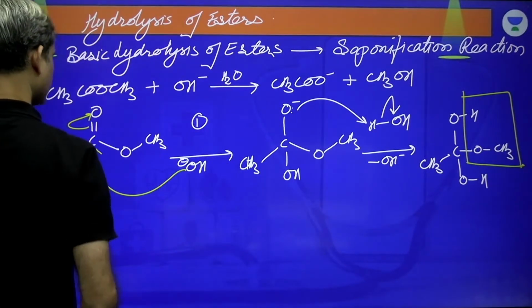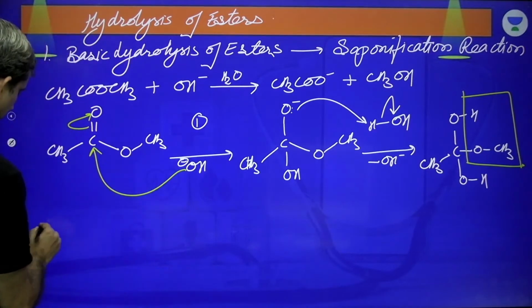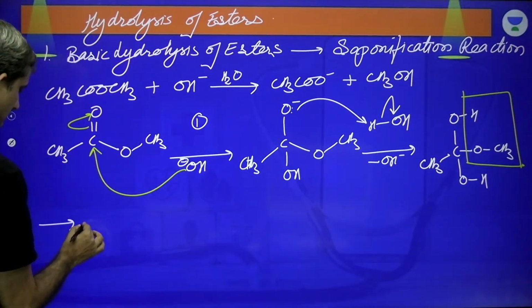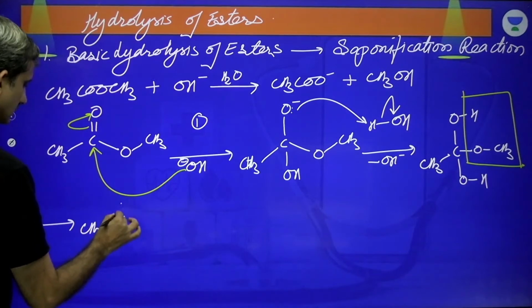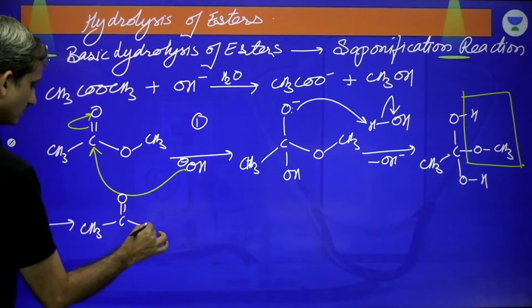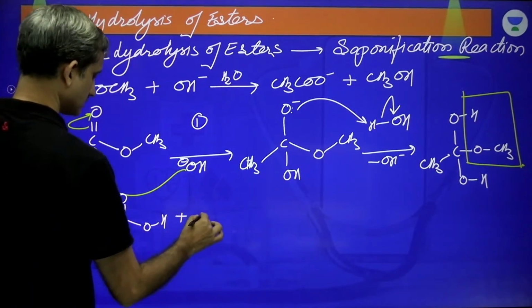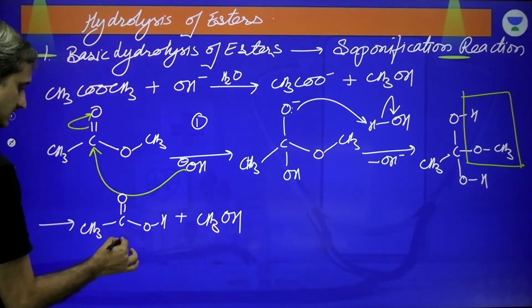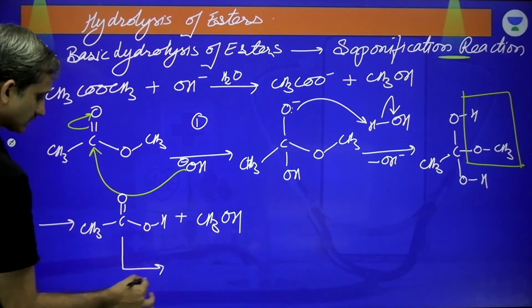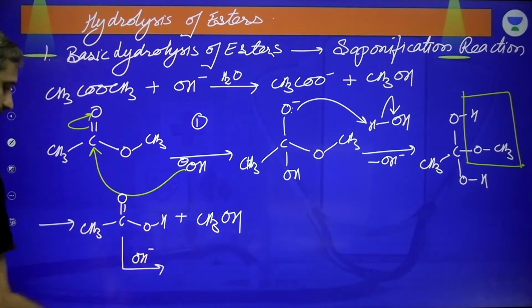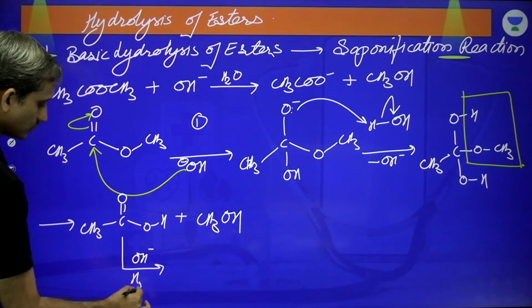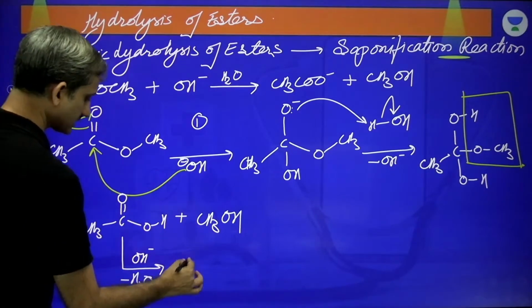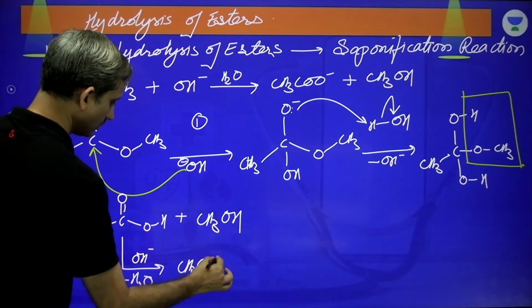And we get CH3COOH plus CH3OH. Now the CH3COOH is again going to react with OH minus. Water is going to be released and I am going to get CH3COO minus.